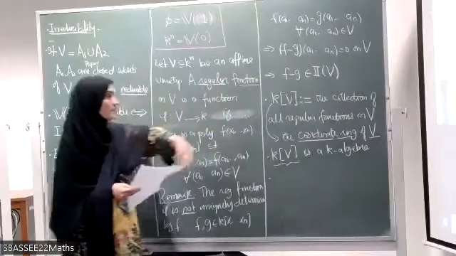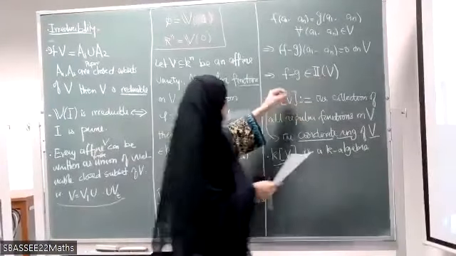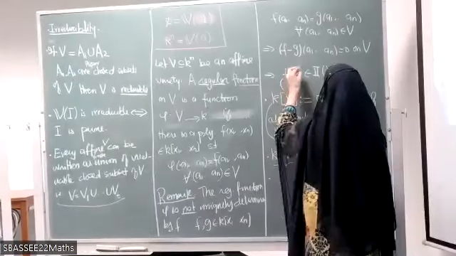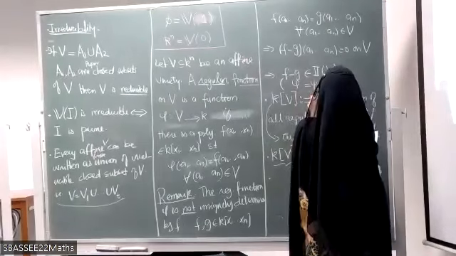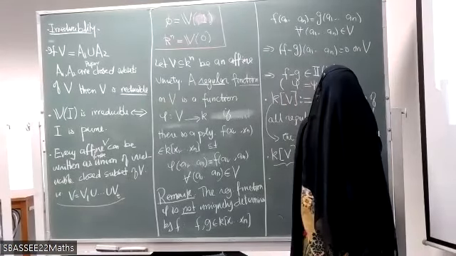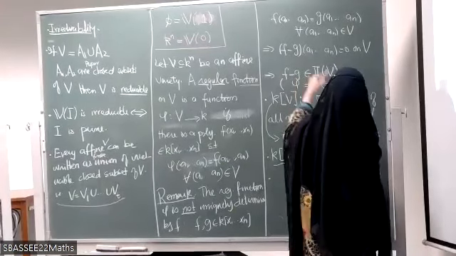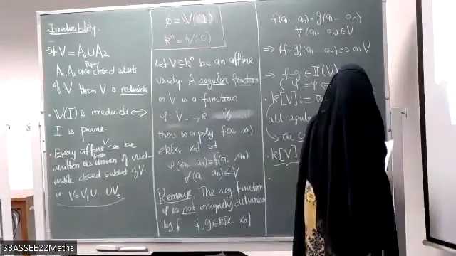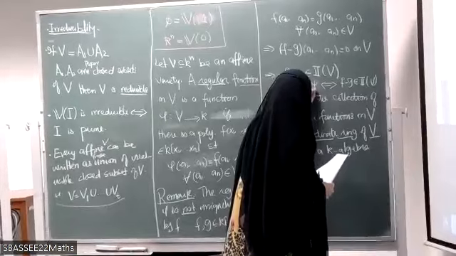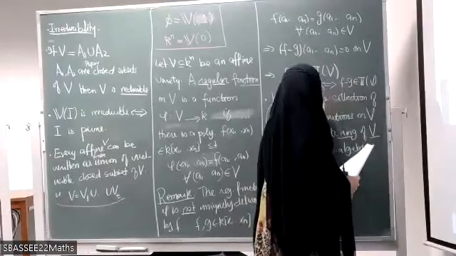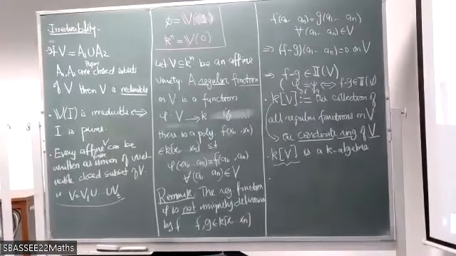If phi and psi are two regular functions on V, they are equal if and only if their corresponding polynomials, say F and G, satisfy this relation.